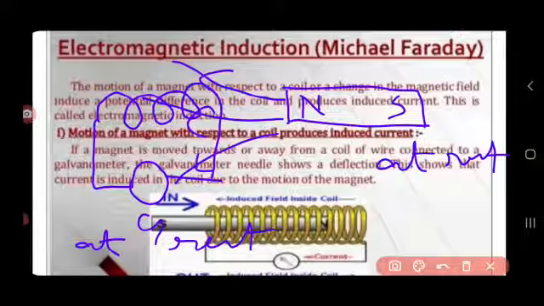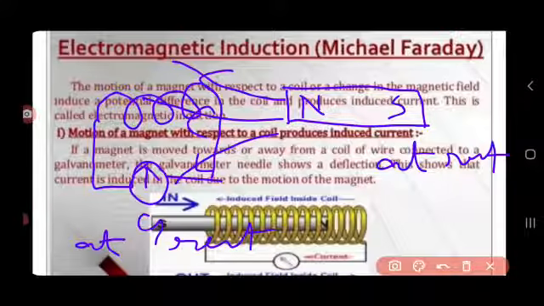In the second case, Faraday kept the coil at rest, but he moved the magnet towards the coil. And as the magnet is moving towards the coil, what has happened?